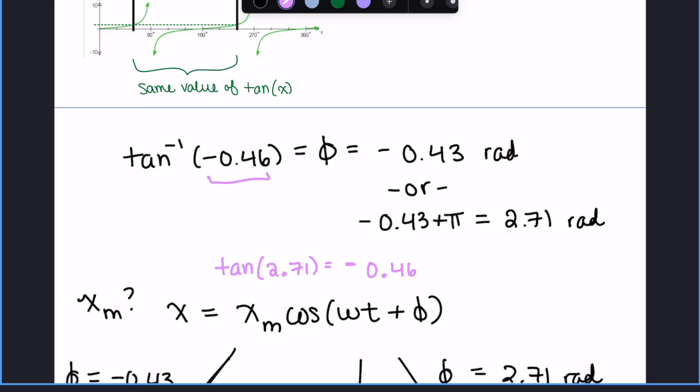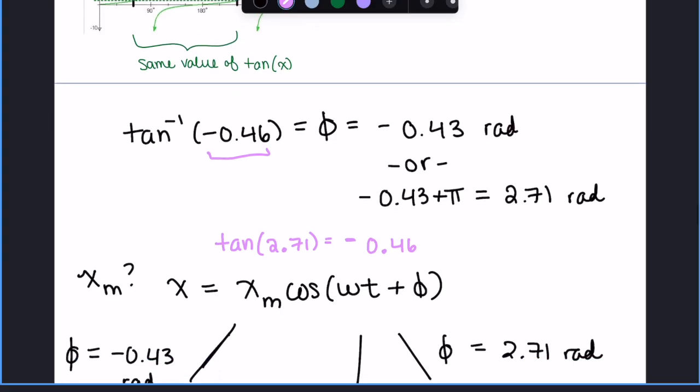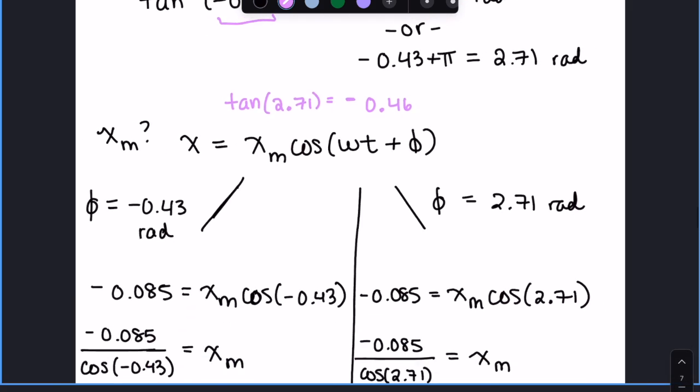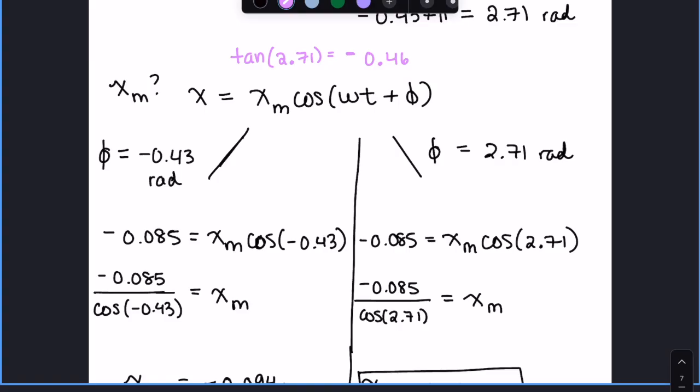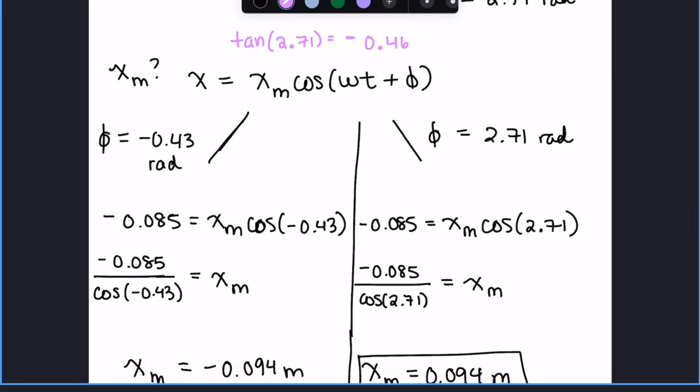This is already getting a little bit more mathematical than I like to go. But does that at least start to answer the question? I did not flesh this out as well in class, but I do have it in the solutions. I'm solving for this amplitude of x, but I have these two different options for phi.